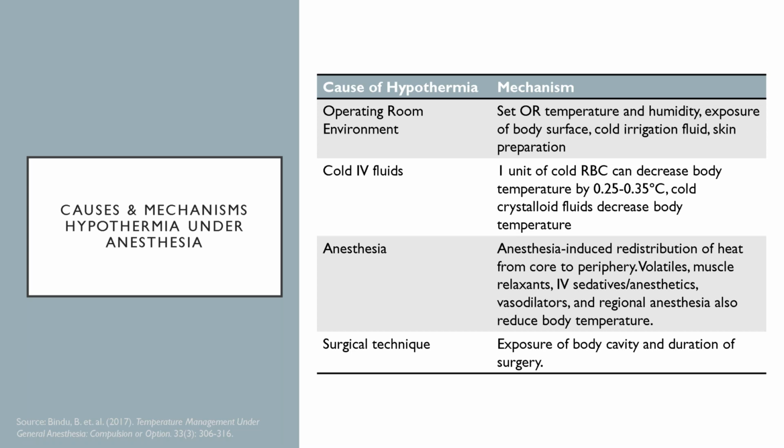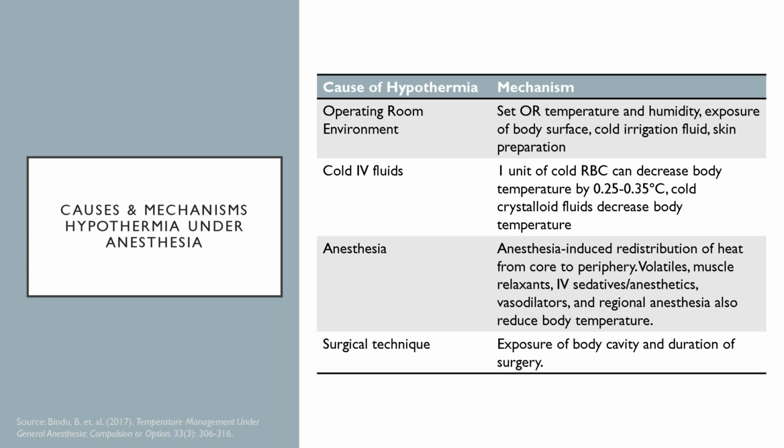Again, in an ambulatory setting, I'm not sure how many times you're going to be transfusing blood, but the point is that if you're infusing cold fluids, that could decrease the body temperature. But as we'll see, that's not necessarily what you should be most concerned about in a general operative setting.